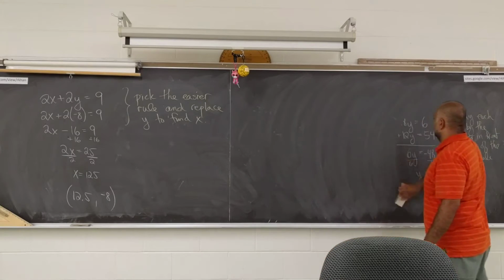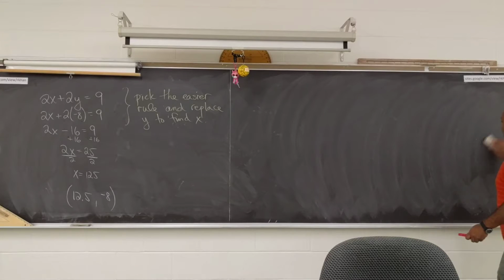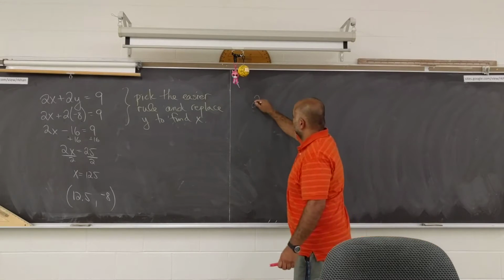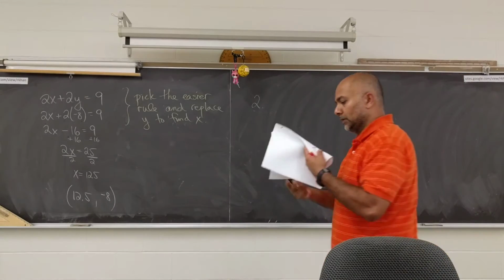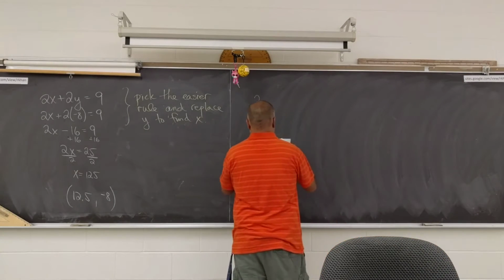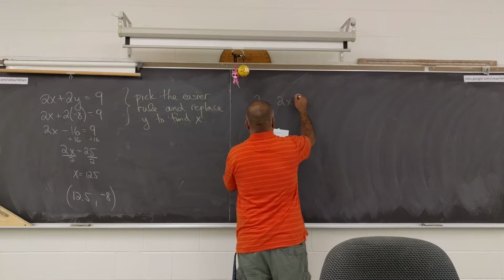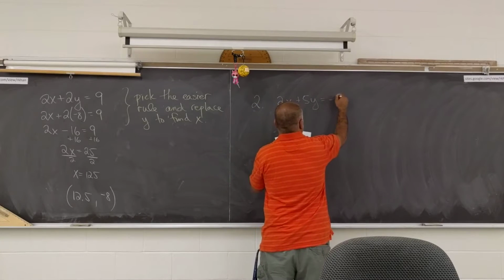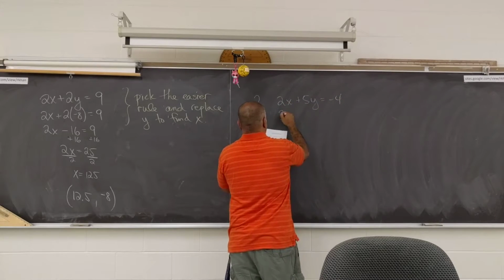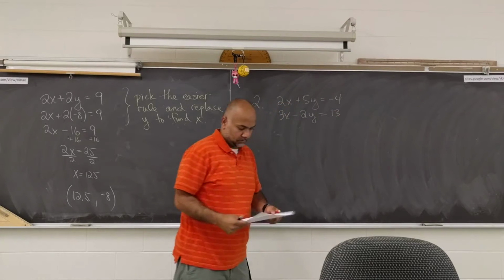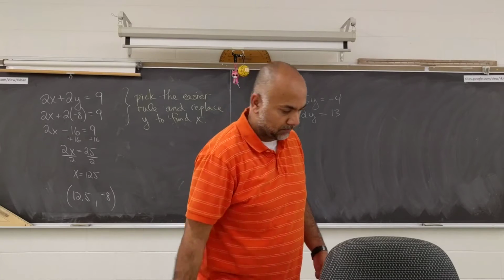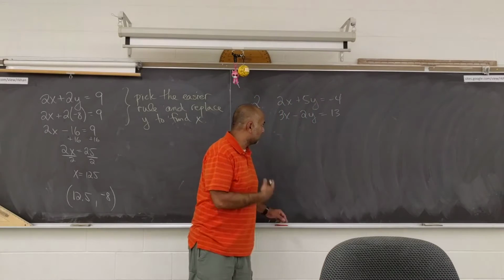Okay, so number 2. 2x plus 5y is equal to negative 4. 3x minus 2y is equal to 13. If you know what you're doing, go ahead, but I'm going to start this together in just a second.